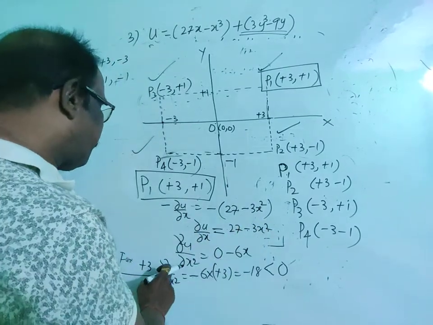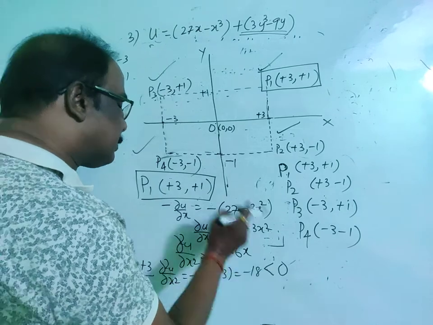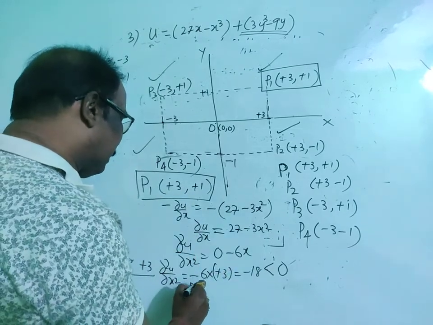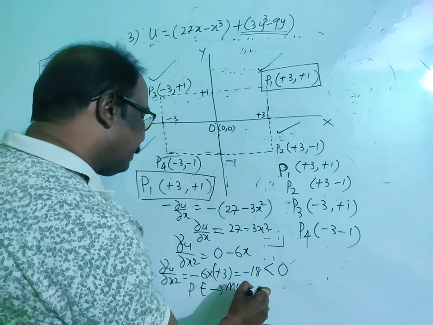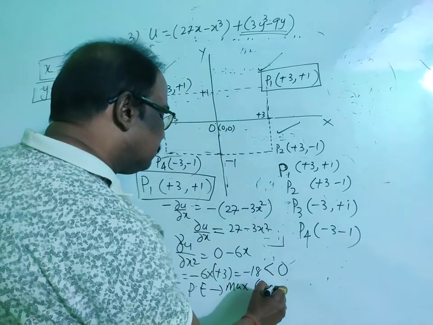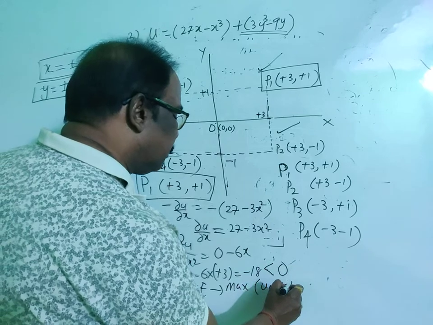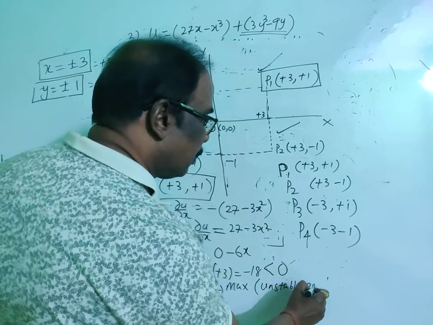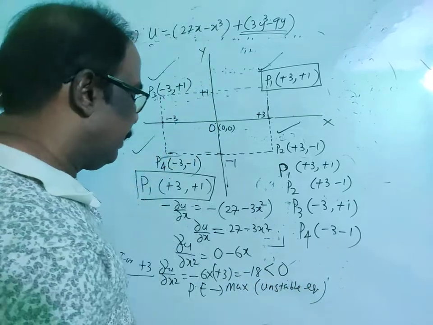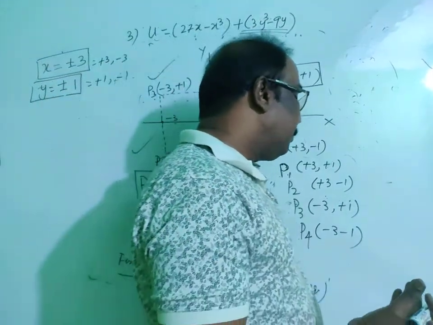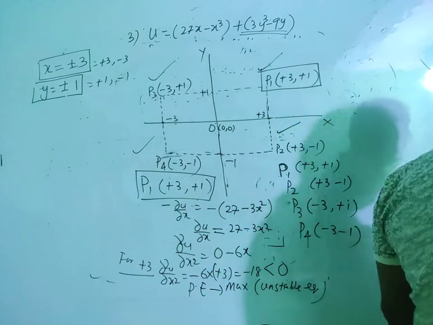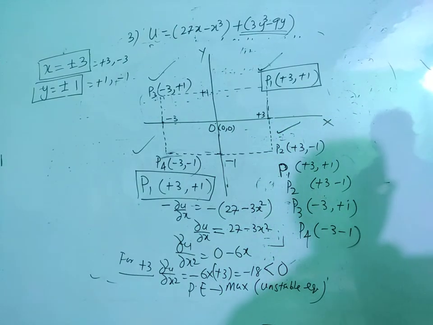If d square u by dx square is less than 0, then potential energy is maximum, and this is the condition for unstable equilibrium. So potential energy is maximum and the position is unstable equilibrium.